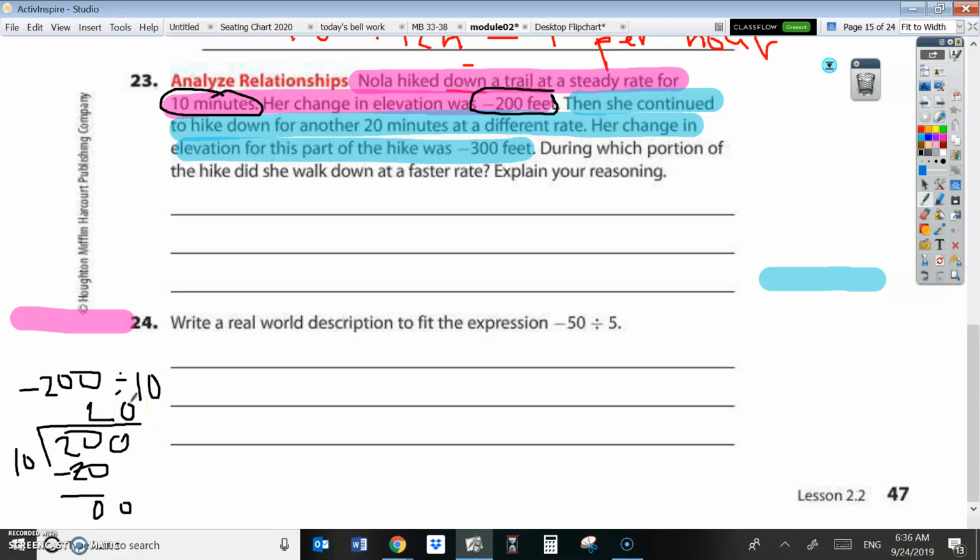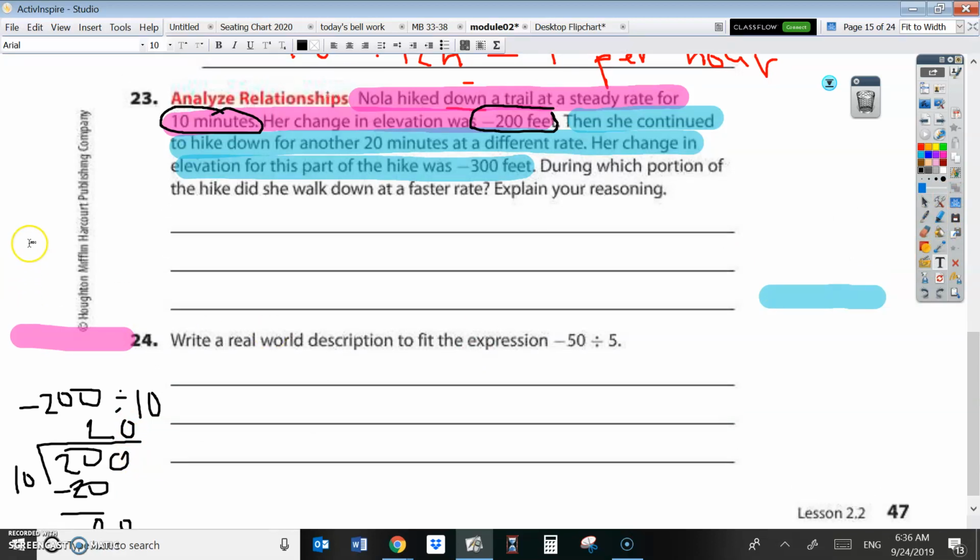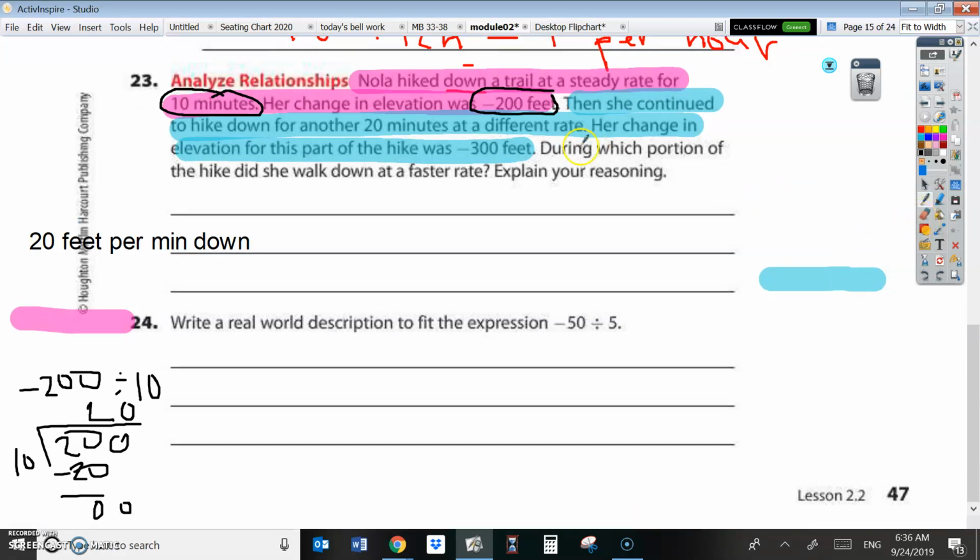So she went down 20 feet per minute. That's part 1. So now look at the second part.